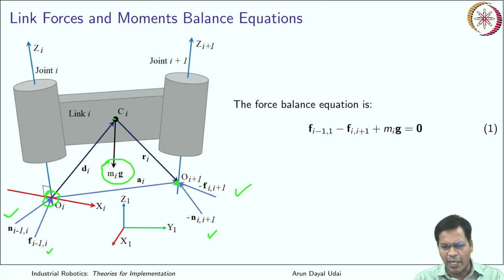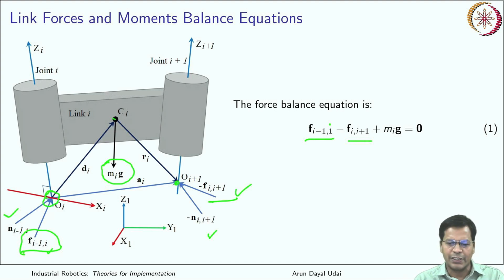Okay, so the force balance equation should be, so Fi-1,i, so that is this one, okay, minus Fi,i+1. It is a negative symbol because it is acted upon as a reaction force, that is, this link itself is applying it to the next link.